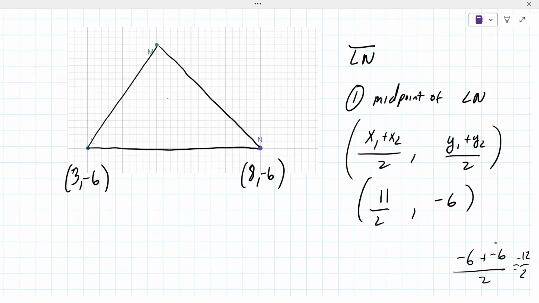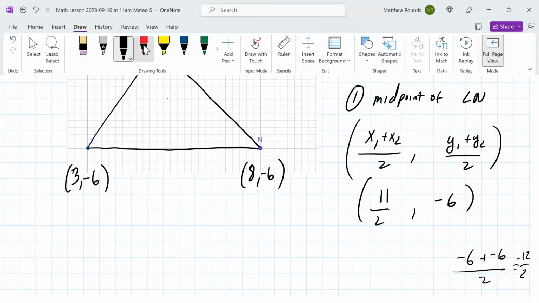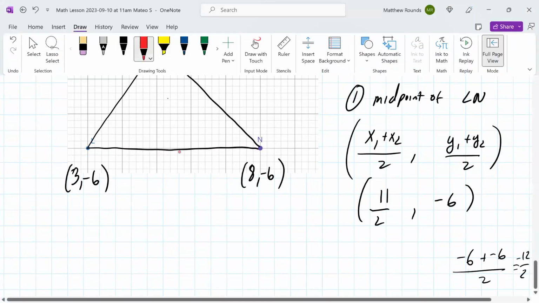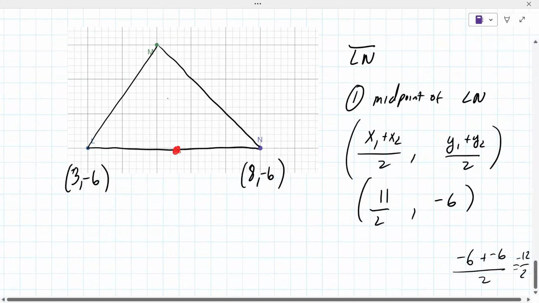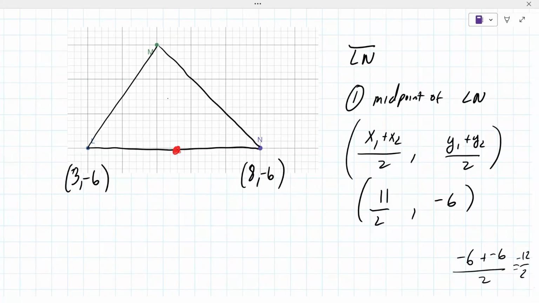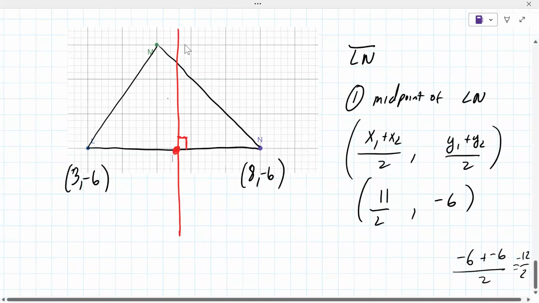All right, so now the midpoint, and we're just gonna roughly draw it here, 5.5, and it's about there. Visually, the perpendicular bisector is going to be perpendicular to this. See how it does not go through the vertex, it just goes straight up and down in this case?